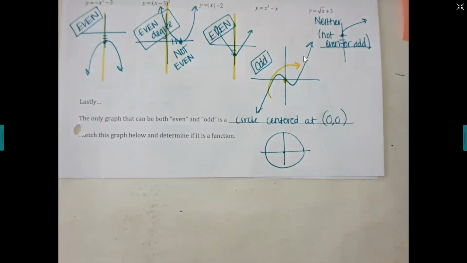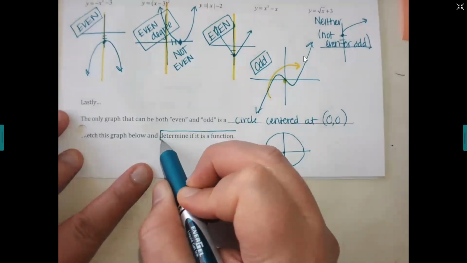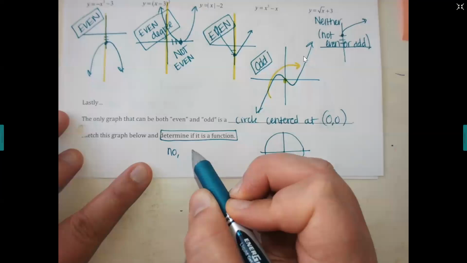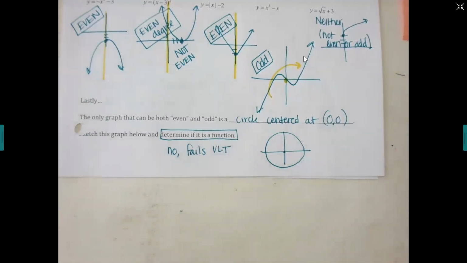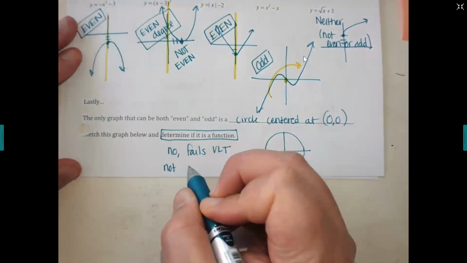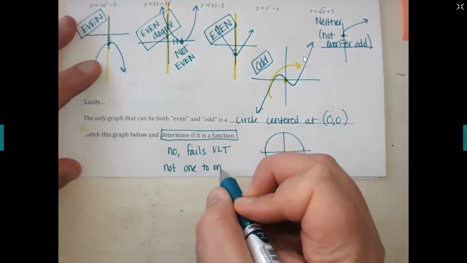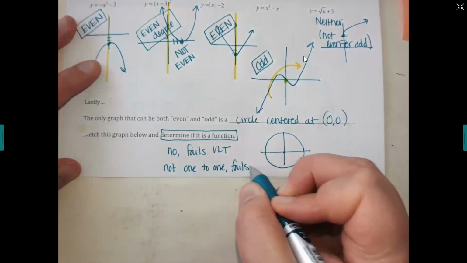If I twist the circle 180 degrees, would it end up in the exact same spot? So it's even and odd, but is it a function? No, because what does it fail? Okay, very good. So if it asks, determine if it's a function, you would say, no, it fails the VLT. It's also not one-to-one because it fails the HLT. So I'll put that too. Not 1-to-1 because it fails the HLT.